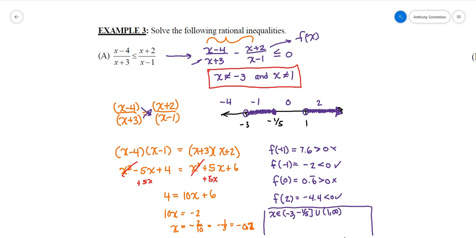If I write it in standard notation, I could say negative 3 is less than x, which is less than or equal to negative 1/5, or x is greater than 1.